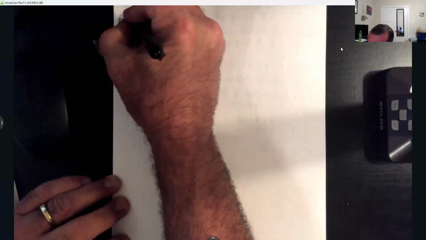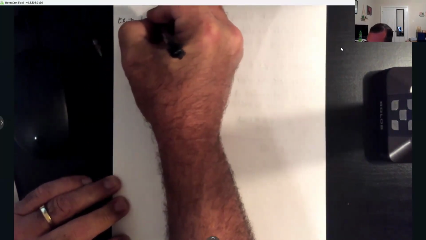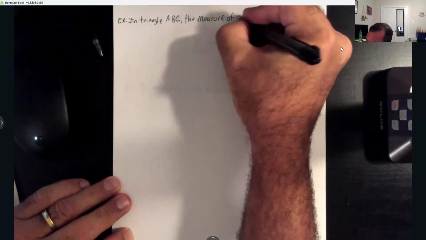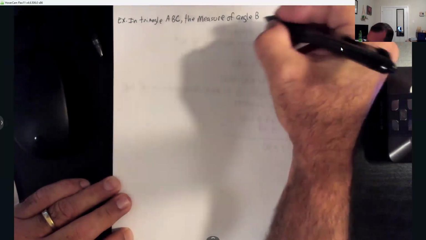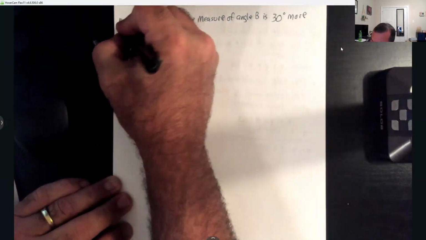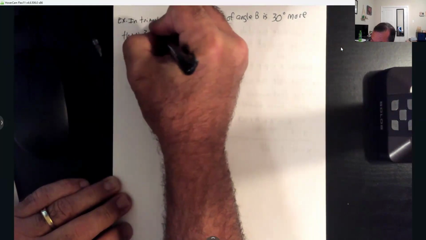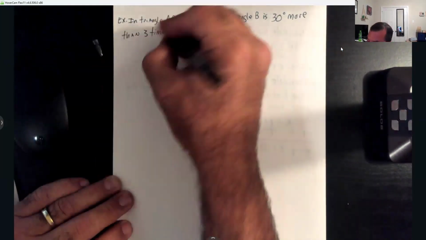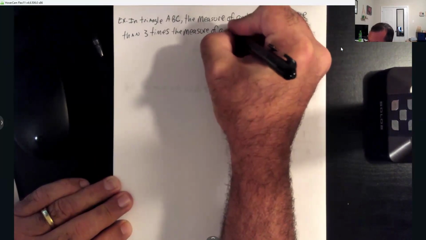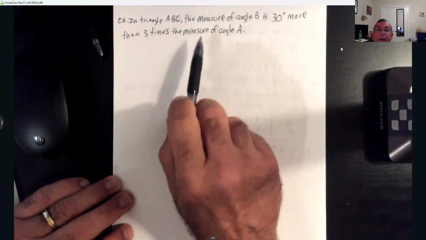All right, y'all, so for this number 3 that's actually on your homework, it says in triangle ABC, the measure of angle B is 30 degrees more than 3 times the measure of angle A. So there's my first sentence.